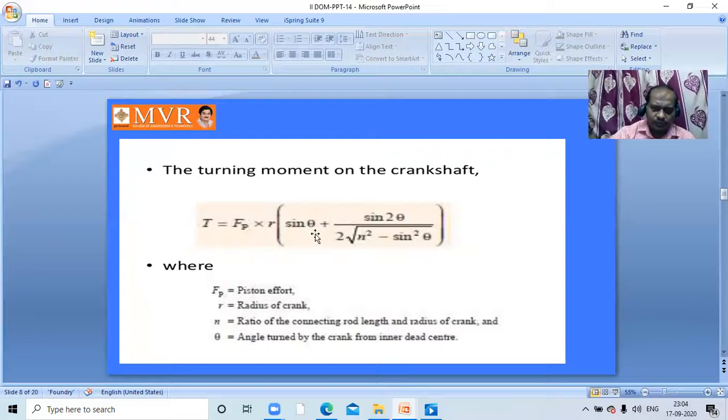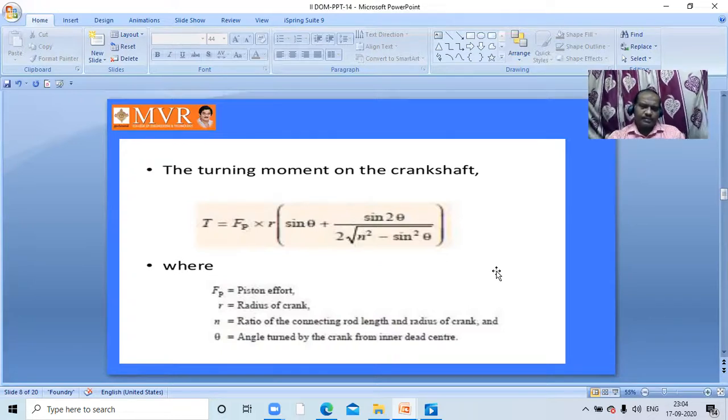It clearly shows that n indicates the ratio of the connecting rod length to the crank radius. Piston effort means the piston movement up by the rotation of the crank. So theta varies from 0 to 90 degrees here. To complete a cycle of turning moment for a crank, it goes from 0 to 360 degrees.